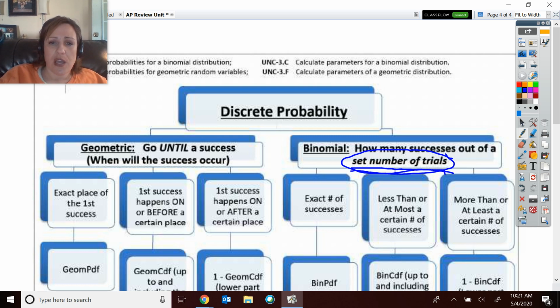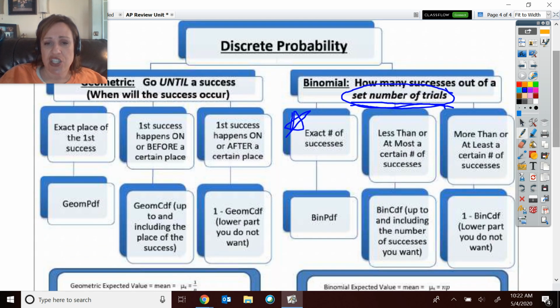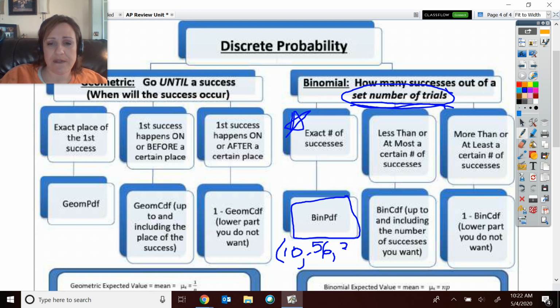Now, if I say, what's the probability of exactly 3? That's exactly 3 sprinkled anywhere amongst those 10. So you can have lots of different combinations. So that's a binomial PDF, and you would say binomial PDF of out of 10, and we have 56% probability of Japanese, and then I want exactly 3 of them to be Japanese.